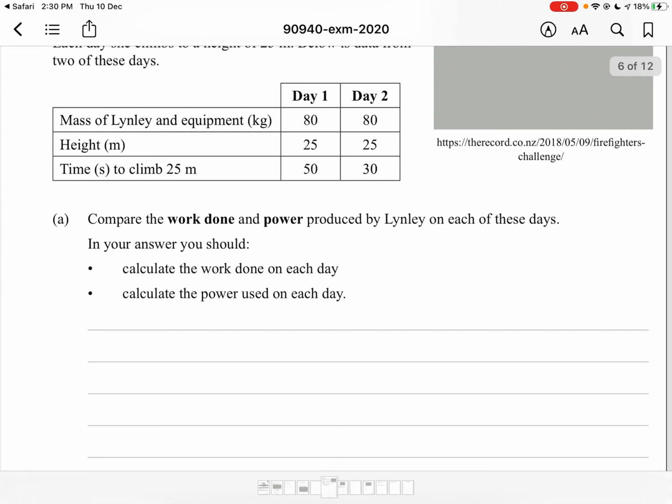Since Lindley is gaining the same amount of gravitational potential energy, that means the work she does every day is the same. However, on day 1, she takes 50 seconds to run up the tower, and for day 2, she takes only 30 seconds. So we know that power is the amount of work done over time, so that's the rate of work being done. If we have the same work being done over less time, this means she needs to produce more power. For day 1, she produces less power since the same amount of work is done in more time.